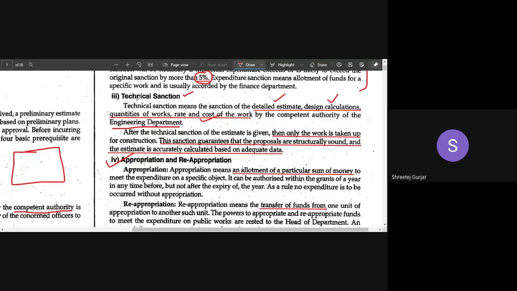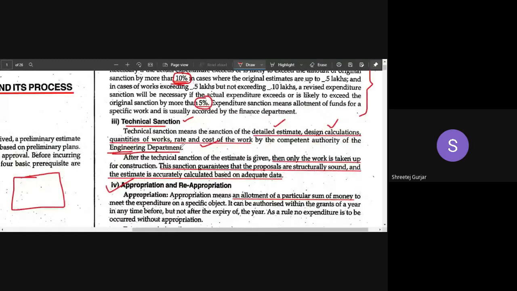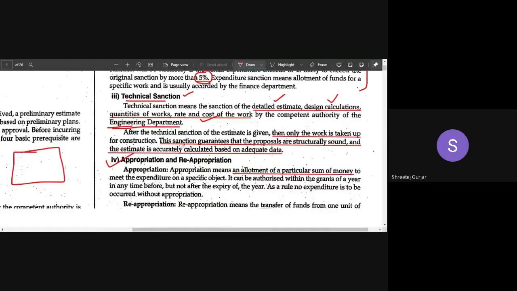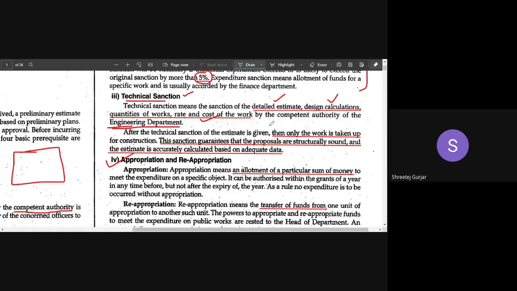Okay, the technical sanction is very important because that is done by the engineering department, and if any design is flawed, if any calculation is wrong, it will cause a failure, which will in turn lead to loss of money and loss of life. If there is any error in the financial sanction, then it will not cause much problem.